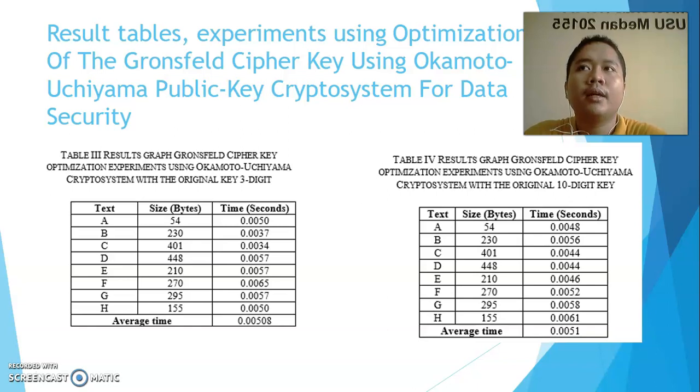So if we make a comparison between tables 1, 2, 3, and 4, or between the experiment using Gronsfeld cipher only and the optimization, we can see the time in seconds is increased.